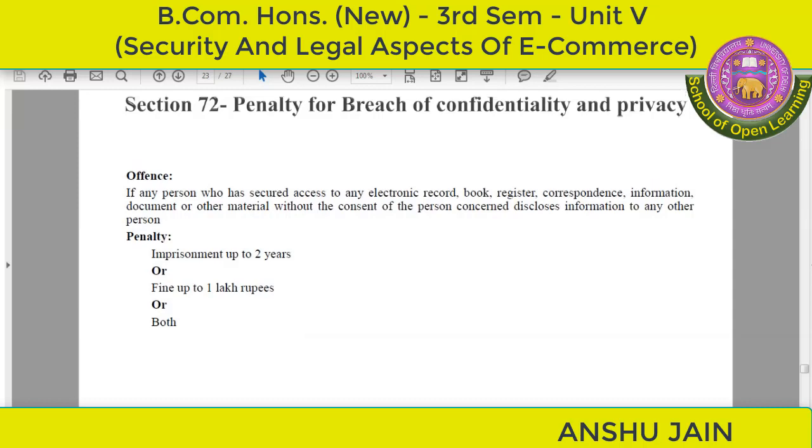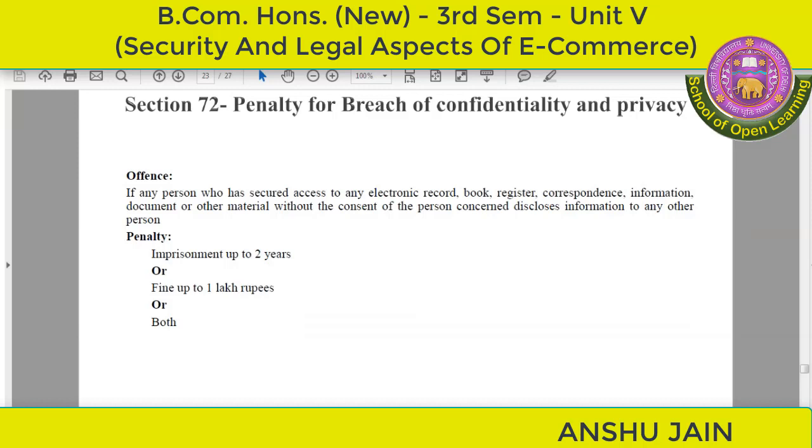Then section 72 is dealing with the penalty for breach of confidentiality and privacy. That means you need to maintain the privacy, or you have to keep the confidential information confidential. You are not supposed to share it with some other person. You are not supposed to disclose the confidential information to some other people. Otherwise, in case you do the same, then that is treated as the offense.